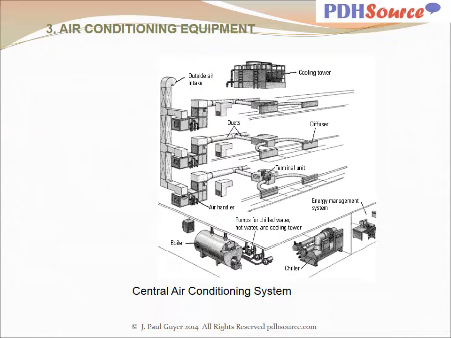This is just one way of doing it. It's a common way. This is a system that you would find perhaps in, say, a mid-size office building, and a multi-story building is represented here.